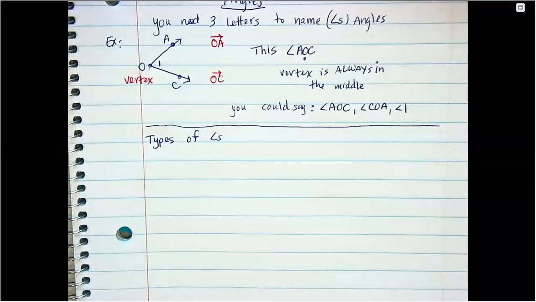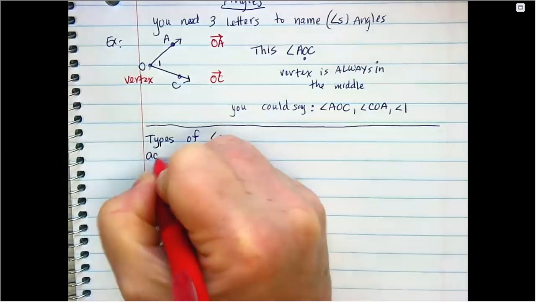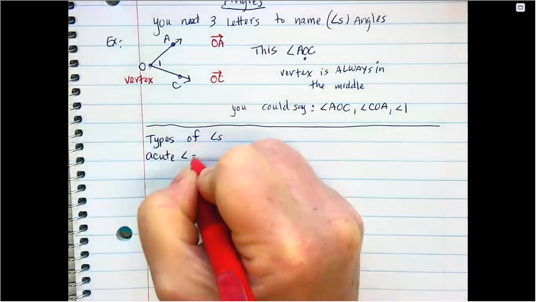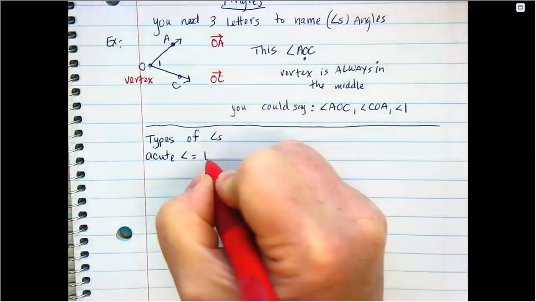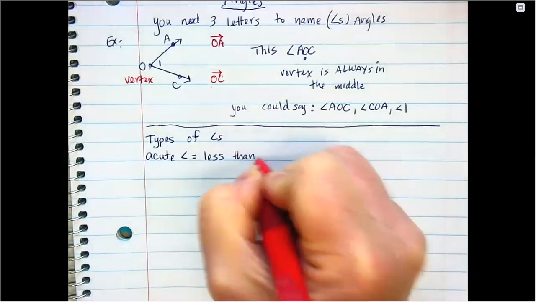Types of angles. The first one would be your acute angle, which we know is less than 90 degrees.